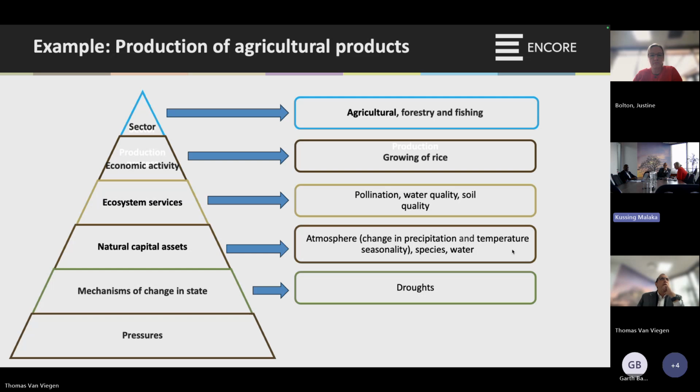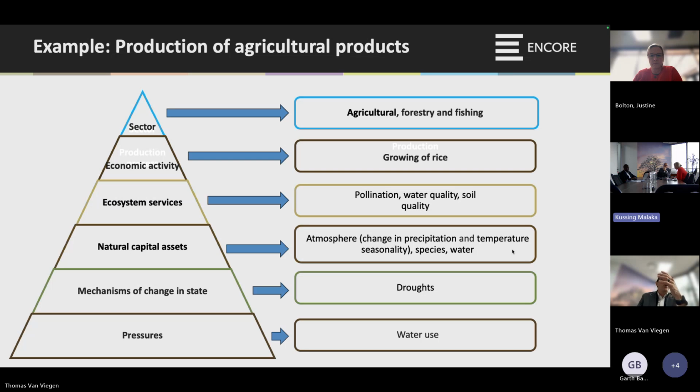This is just an illustration of how you would look at the previous categorization of agriculture and then a production process, such as large-scale irrigated crops, growing of rice, etc., and then what those ecosystem services would be, underpinning natural capital assets, etc.